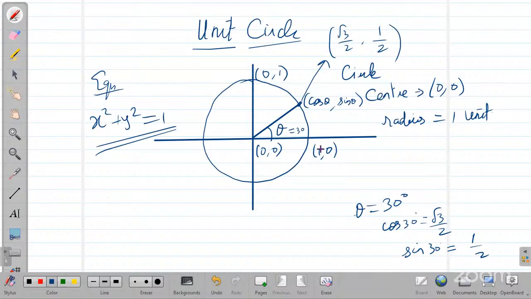Is this clear? Yeah. Yep, it's clear. So what about the next problem?